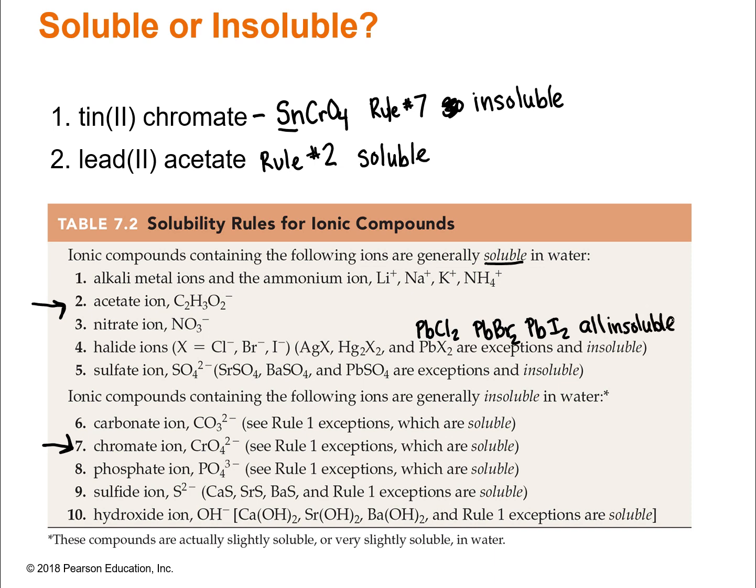So that X is the halogen, Cl, Br, or I. The same thing with the silver and the mercury 1. So if you have any of these metals with a halide, it's insoluble, and those are exceptions to the rule. Other questions, or are we good to move on?